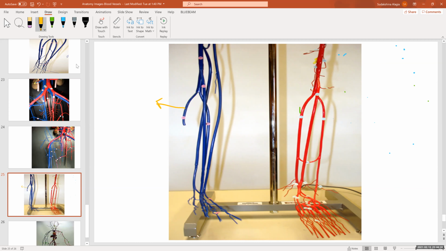Lateral, this is medial. So this would be right fibular vein. This is right posterior tibial vein.